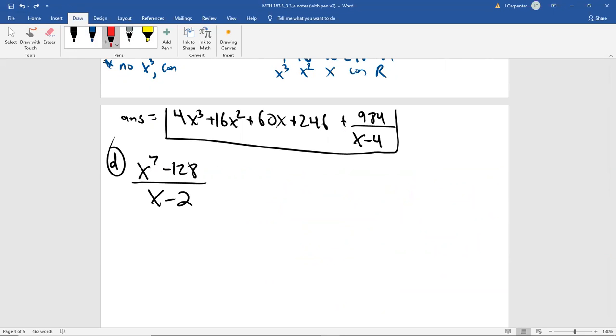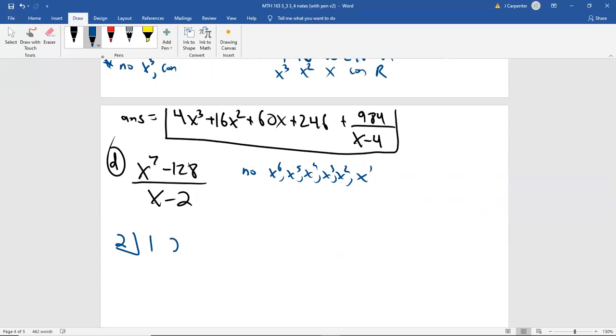So we need to notice that there is no x to the 6th term, x to the 5th term, x to the 4th term, x to the 3rd term, x to the 2nd, or x to the 1st. That's a lot of zeros we need. So we do put a 2 in the half box because that's a minus 2. Positive 2 goes in a half box. From right to left, x to the 7th, so that's a 1 x to the 7th.